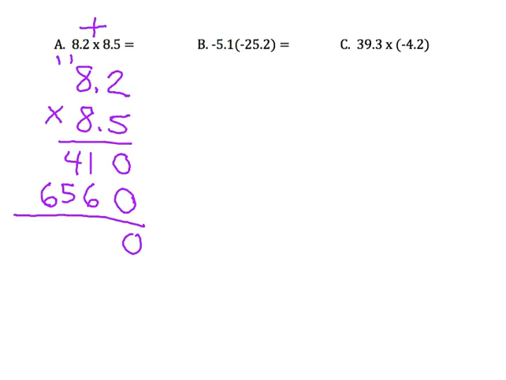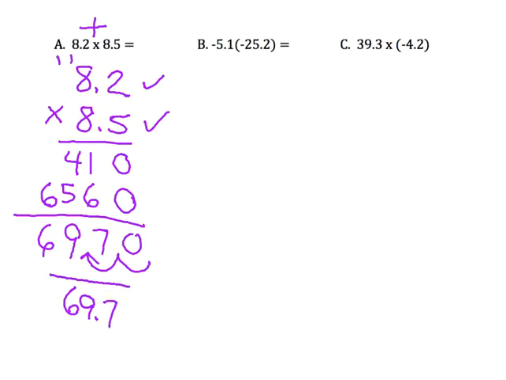Add 0, 7, 9, 6. I see 2 decimal spaces, 2 decimal spaces, 69.7. The 0 is not necessary, so we're just going to leave it off, and we already know that it is positive.